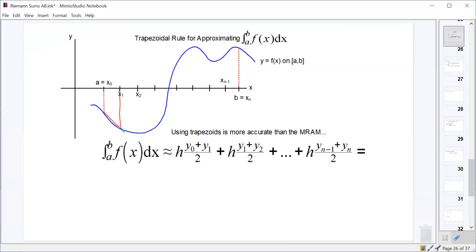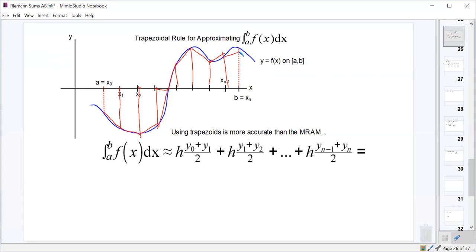The trapezoidal rule just comes from making a bunch of trapezoids. So rather than doing rectangles, and sometimes these are a little bit of a mess, when it crosses through the x-axis, it ends up being 2 triangles rather than a trapezoid, but that's okay.